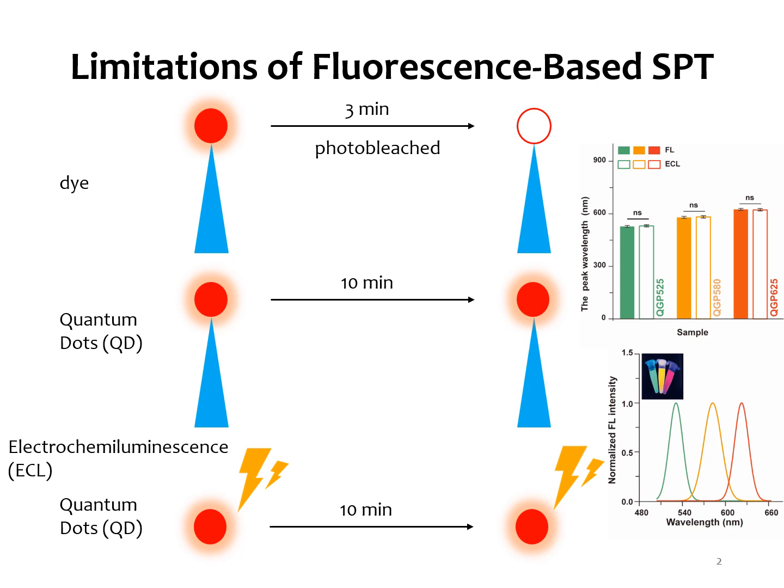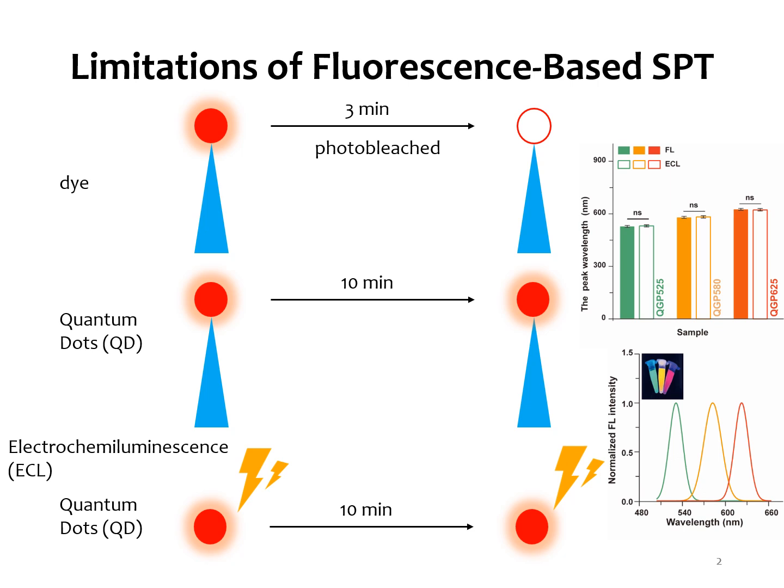To overcome photobleaching and high background fluorescence, electrochemiluminescence excitation was introduced. ECL not only avoids this drawback, but also offers higher brightness and narrow tunable emission bandwidth, making quantum dots an excellent tool for single particle tracking.